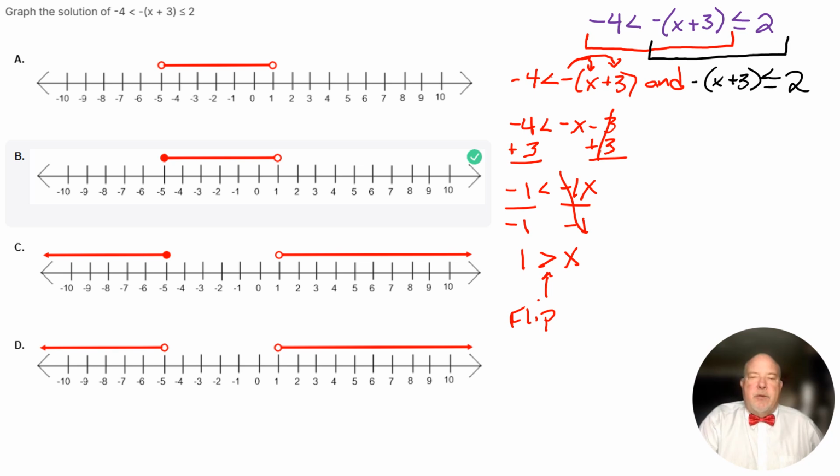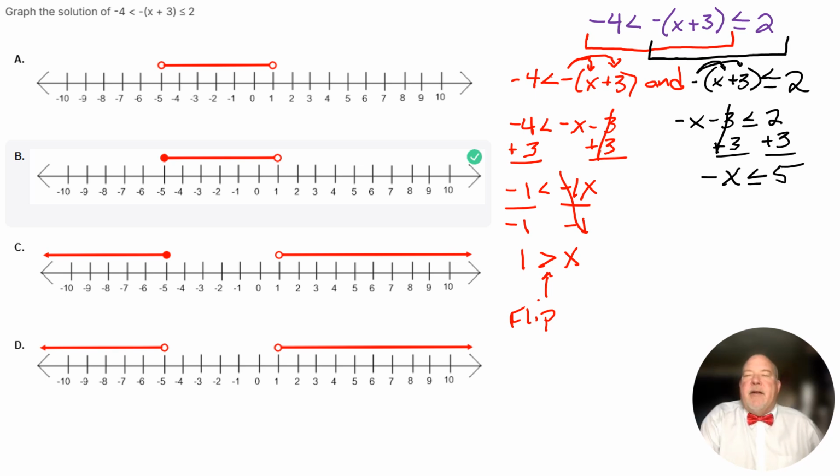And now let's do the other one. Basically the same steps. I'm going to distribute here, and I end up with negative x minus 3 is less than or equal to 2. I'm going to add 3 to both sides. That goes away. So I'm left with negative x is less than or equal to 5.